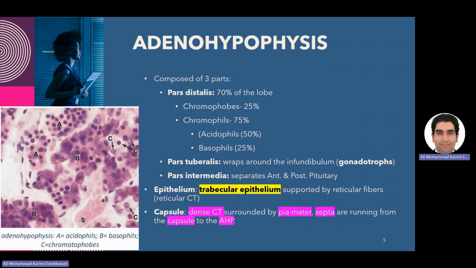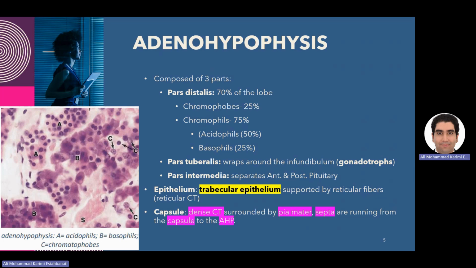And I already talked about the pars tuberalis, what it is. You guys need to know that one of the important cells that the anterior pituitary has is called the gonadotropes, and they are mostly present in the pars tuberalis. Okay? Now, the epithelium for this area is called the trabecular epithelium. I believe you guys already know what trabecular epithelium is, so this is another example of an area where you can find it.